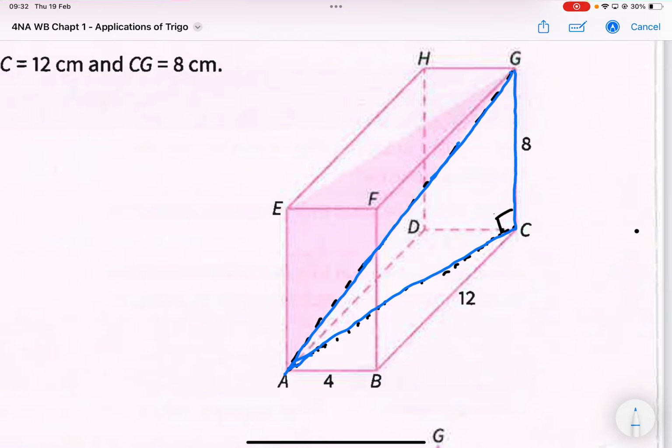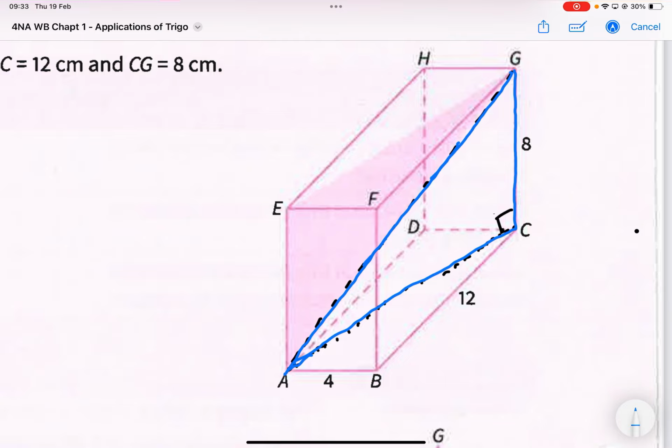Okay, this AC that is on the flat ground, with this one going directly upward, then if I join G to A, I will have a flat right angle triangle. So whenever we have a 3-dimensional problem, we are trying to break it down and make it a 2D problem.